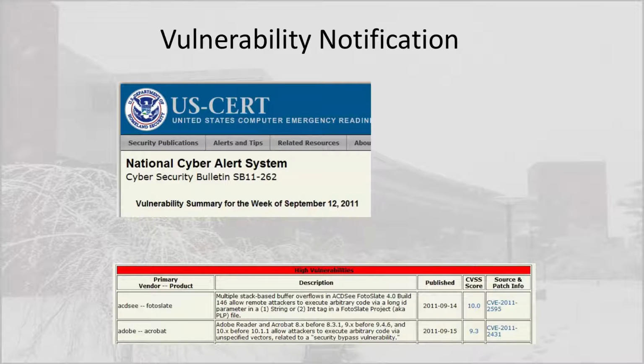This slide shows a segment of the weekly vulnerability list from CERT. They also publish source and patch information and a CVSS score.